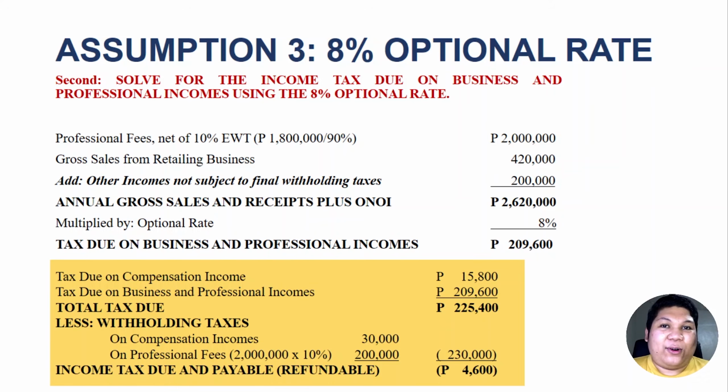Actually, he can carry it over to the next succeeding taxable year. That's it. That's how you will compute the income tax due for mixed income earners. Again, for compensation incomes, always use the graduated rates. For business and professional incomes, it could be subject to graduated rates or to the 8% optional rate, depending on whether the taxpayer exceeds the 3 million VAT threshold.